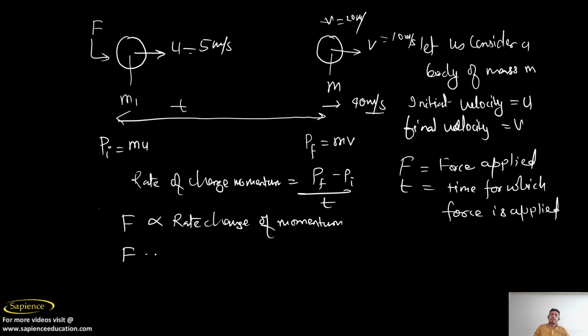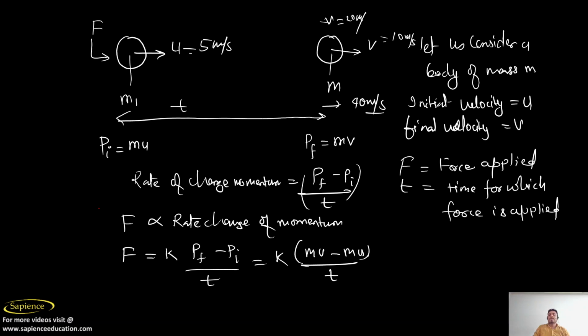So can we write F equal to K times the rate of change of momentum, which is Pf minus Pi divided by t. So this is K times (mv minus mu) divided by t. Basically K times m (v minus u) by t, and as we know, v equals u plus at, so by using this you can find (v minus u) by t as acceleration.